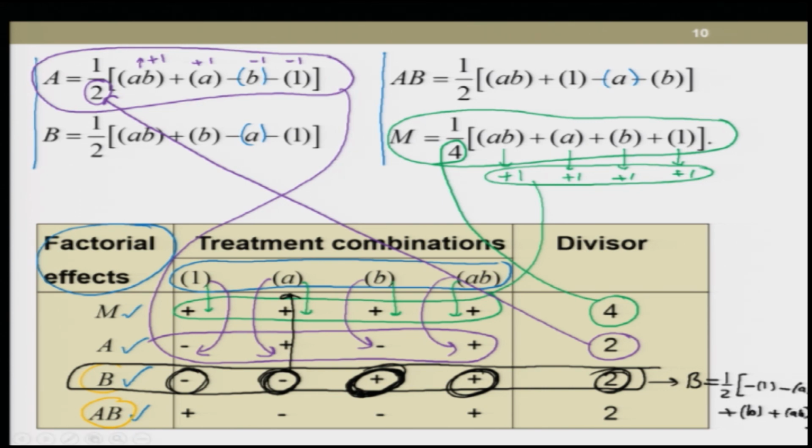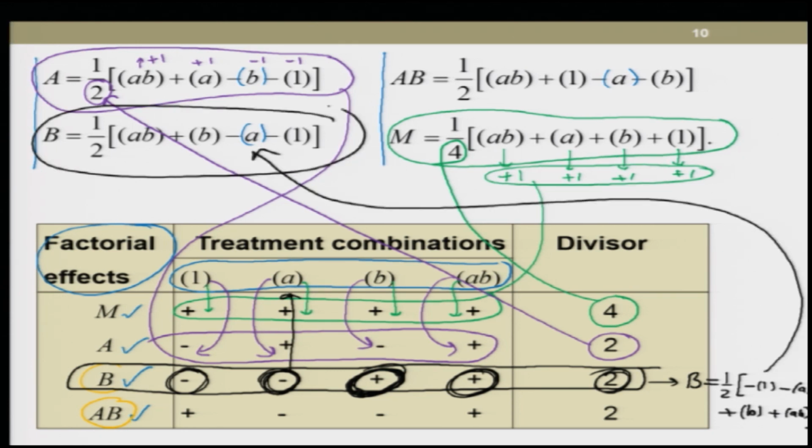And you can verify that this is the same thing which is written here.